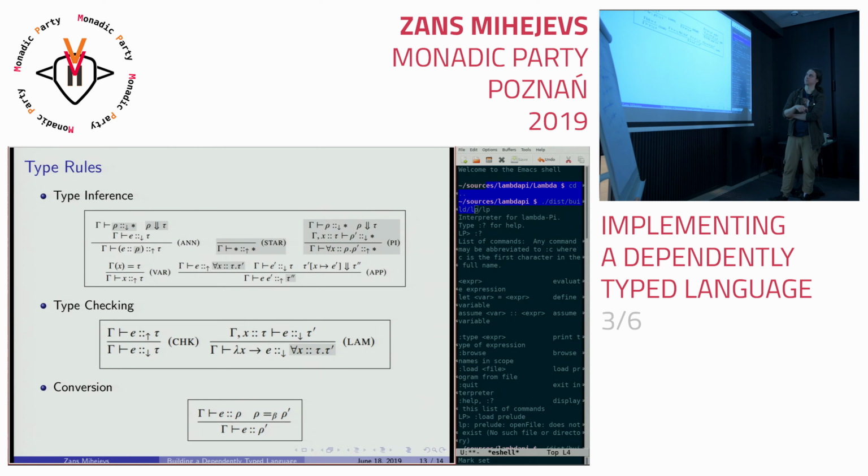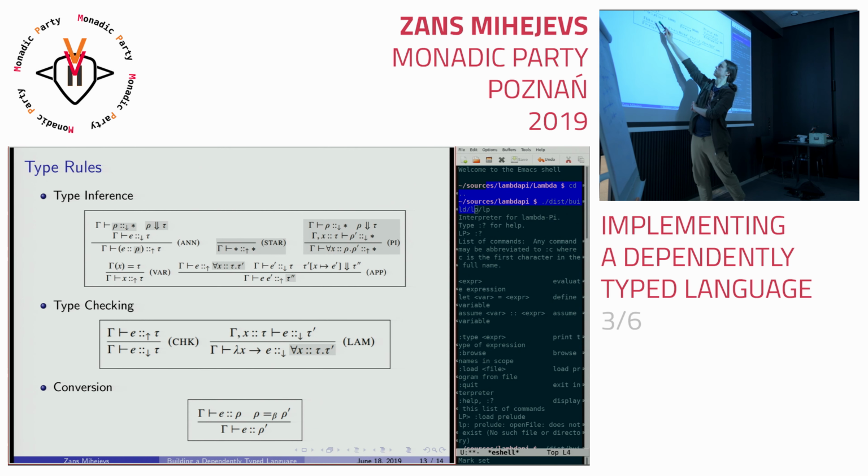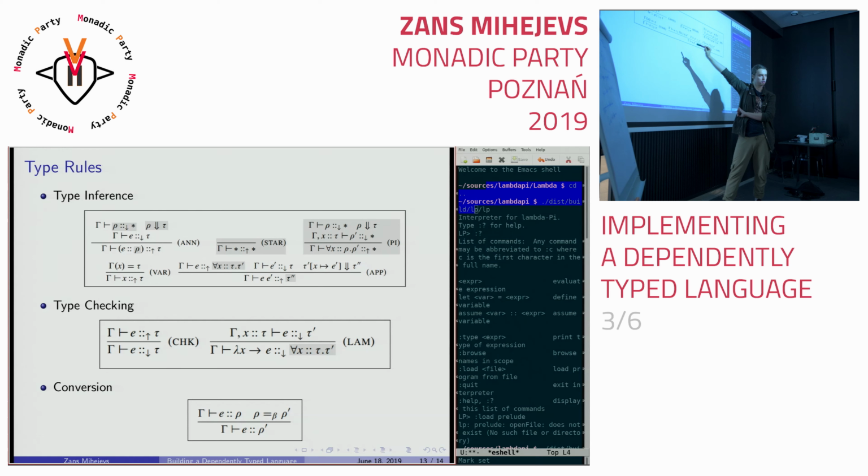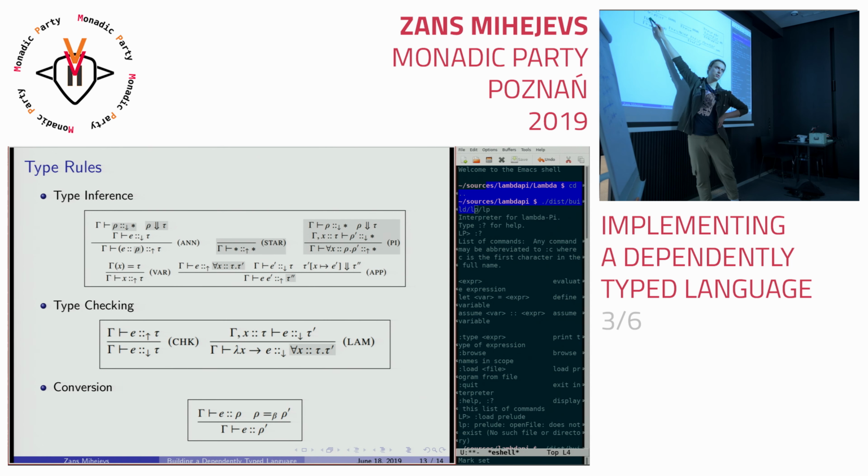Can we infer the type of E colon tau is rho? Right, but rho is something we're supplying, and tau is something we're inferring. Does that make sense? Oh, so you want to infer the type annotation?